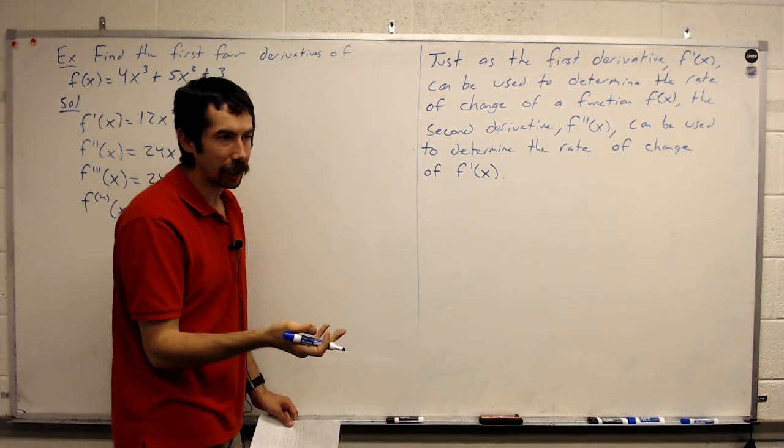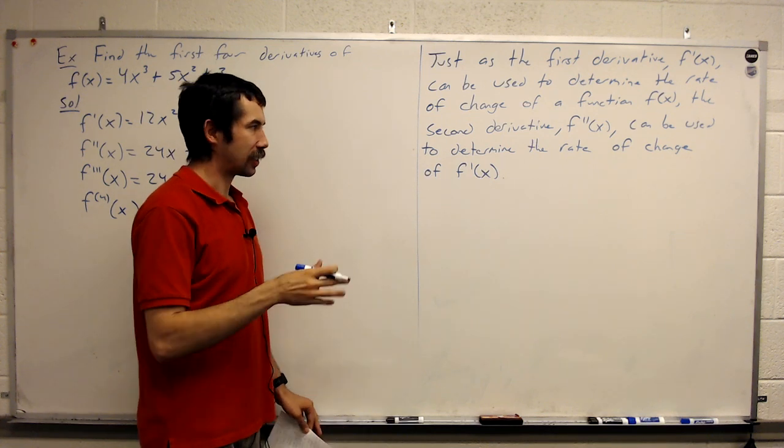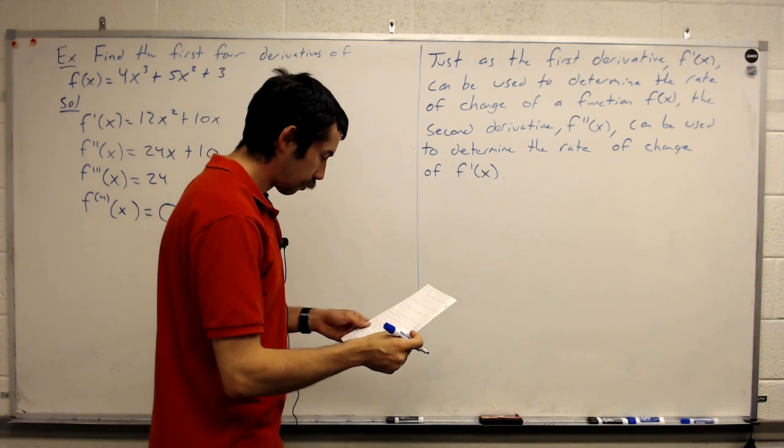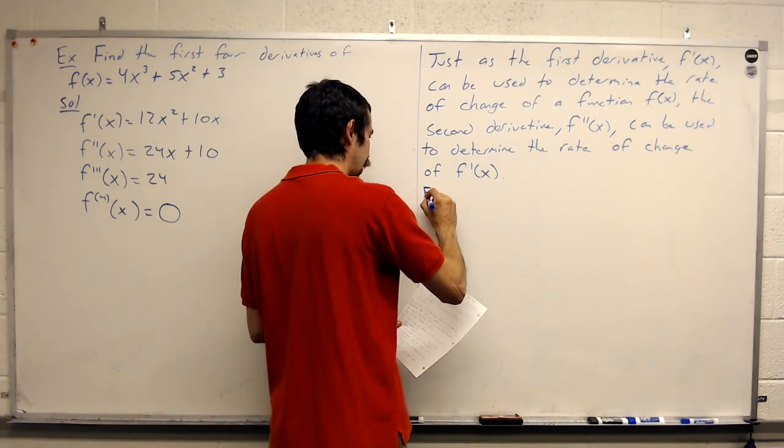All right, so one way to interpret the second derivative is it tells us at what rate our first derivative is changing. All right, let's take a look at an example.